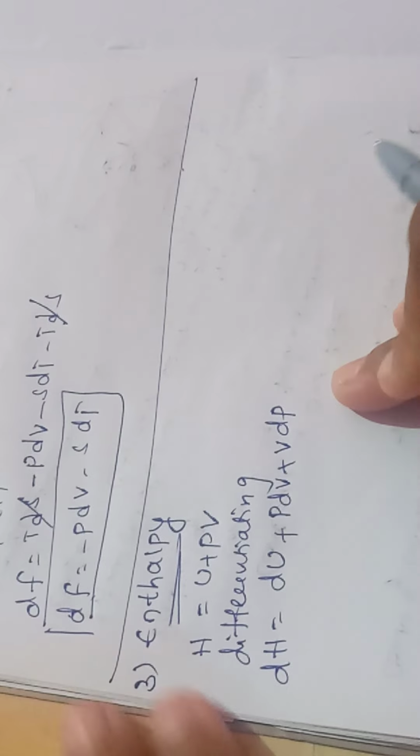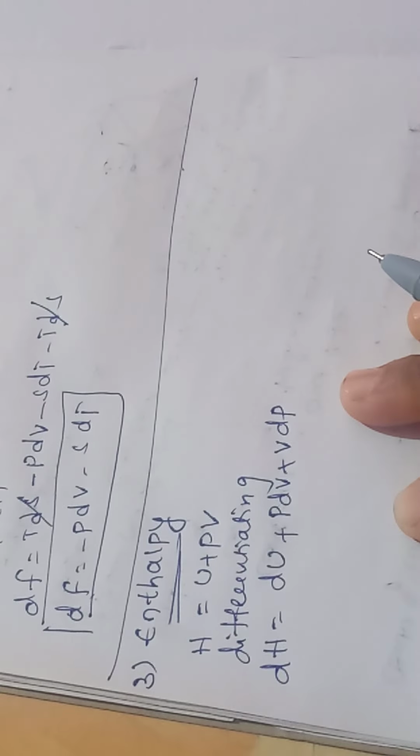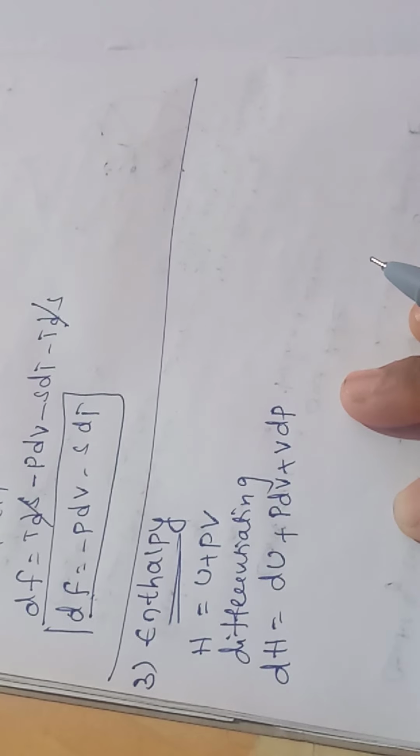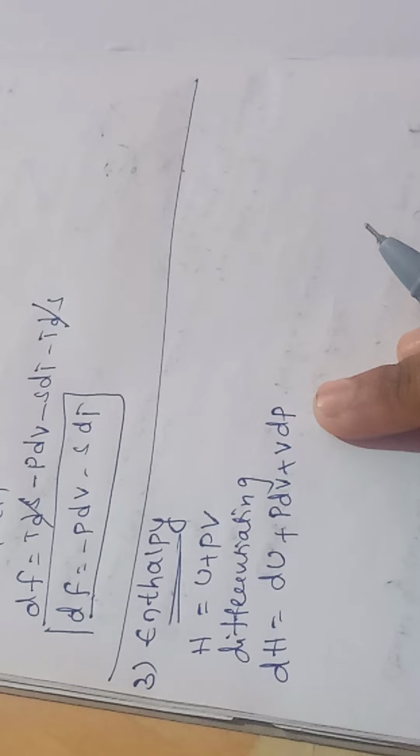Alright, now next step, here from the definition of enthalpy, H equal to U plus PV, we got dU plus PdV plus VdP.